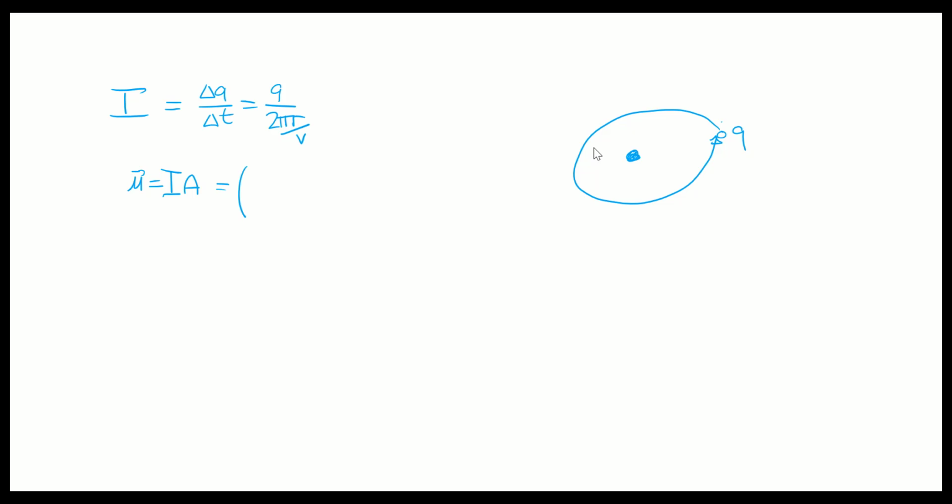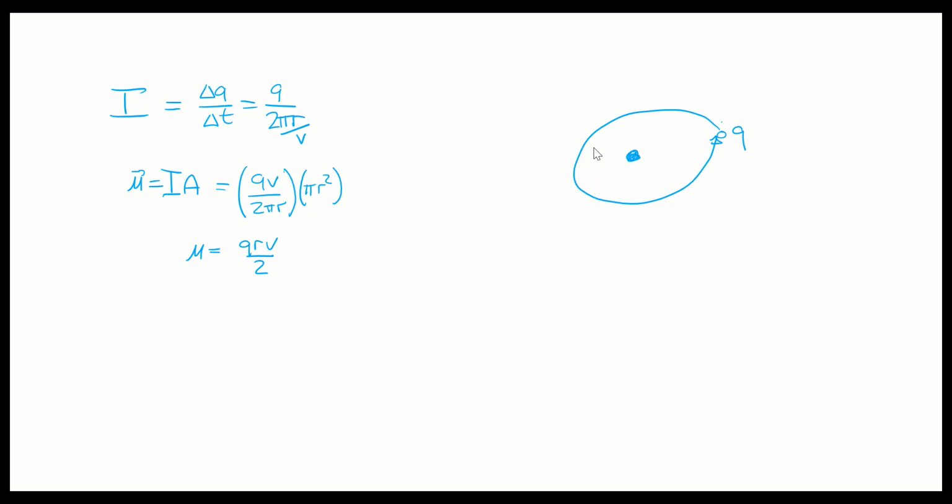So this ends up being equal to Qv over 2 pi r, the current, times the area of that loop, pi r squared. We get a bunch of cancellations, and the magnetic moment magnitude is just going to be Qrv over 2.